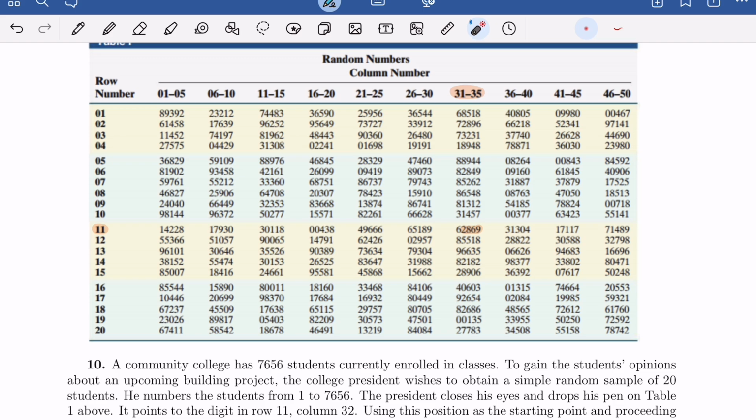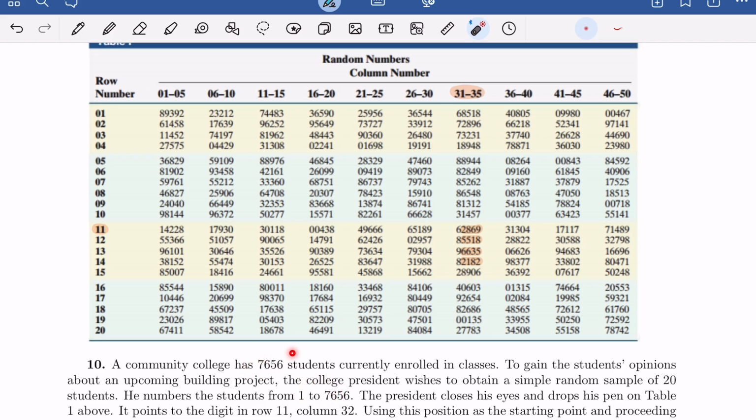Now what we're going to do is continue this process going downwards. So the next student we're going to select is going to be the one numbered 5,518. The next one is going to be numbered 6,635, and so on. So we'll take this one. Now notice for this one here, if we were to look at 4 digits, this would be 8,906.